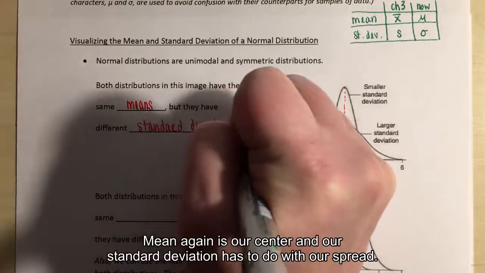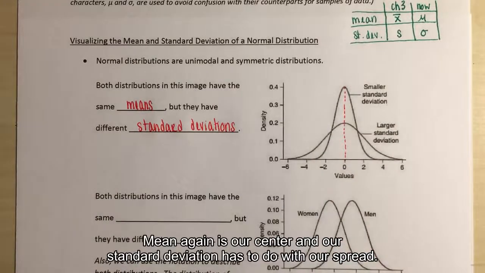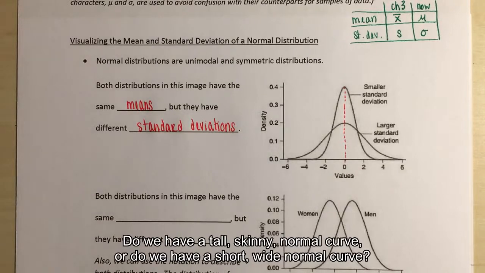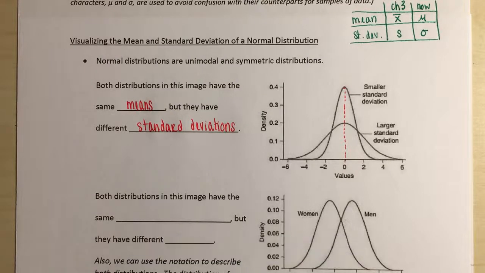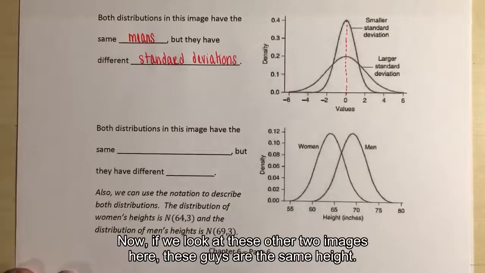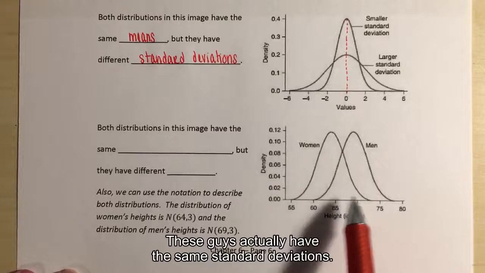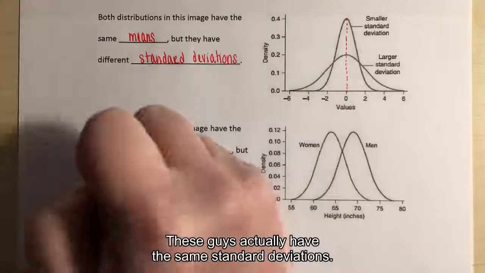So mean, again, is our center, and our standard deviation has to do with our spread. How spread out is our data? Do we have a tall, skinny normal curve, or do we have a short, wide normal curve? Now, if we look at these other two images here, these guys are the same height. So these guys actually have the same standard deviations.